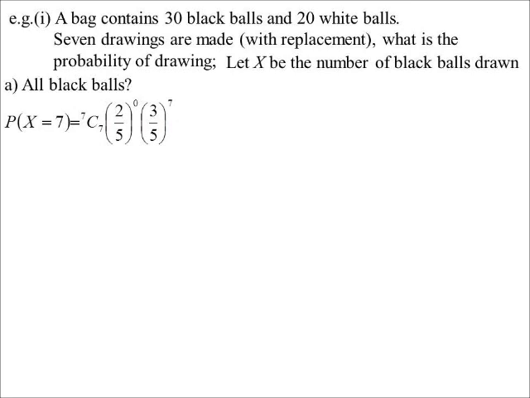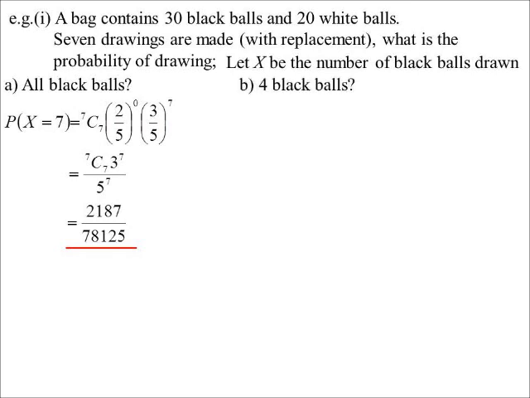And so we get 3/5 to the power of 7. That's it, unsimplified. This one we can probably simplify, it's not too big a number. But a lot of times with these binomial ones, we'll leave them unsimplified because the numbers can get quite large.